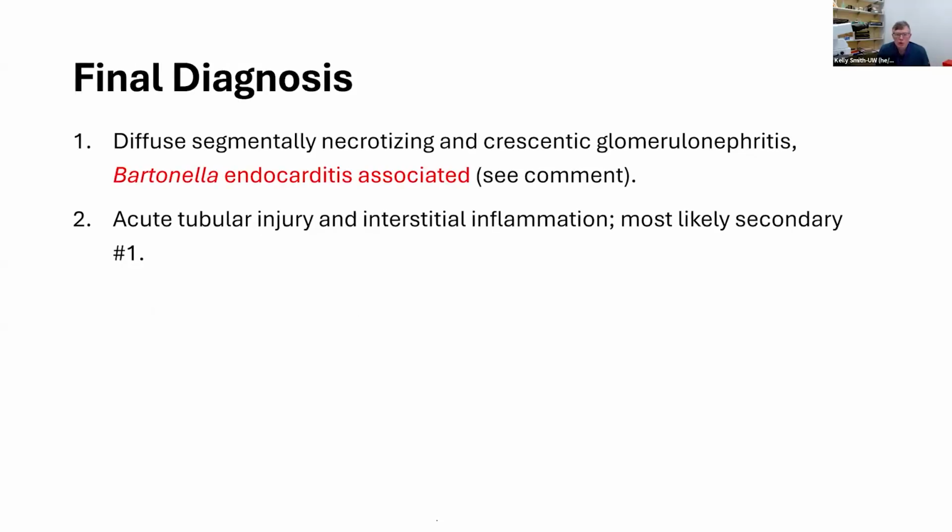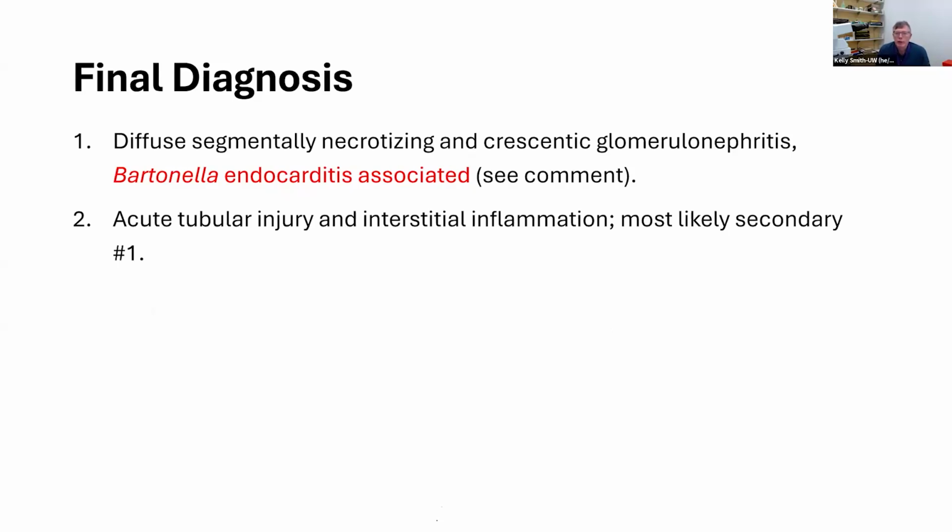Okay, so this is a great example of how important it is to have really good clinical information to help guide pathology, especially with a case where essentially every single glomerulus is involved by crescents, and sometimes our interpretation can be limited, and we have to be a little bit cautious.